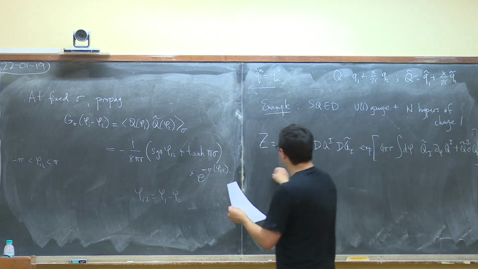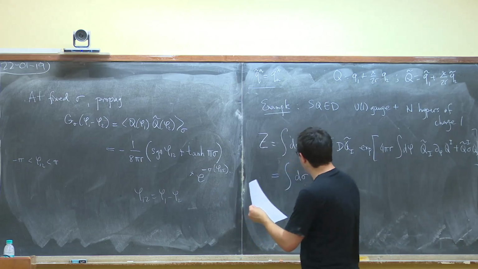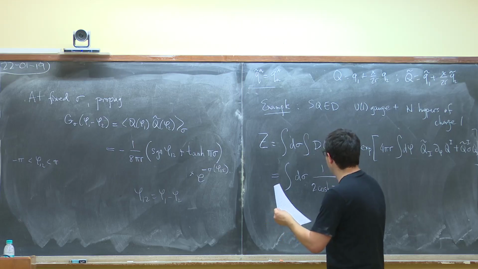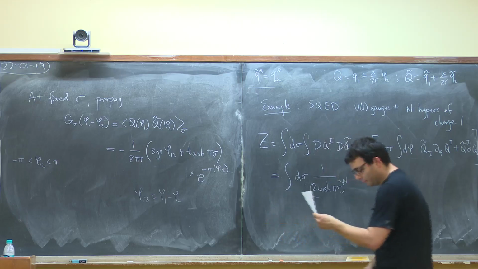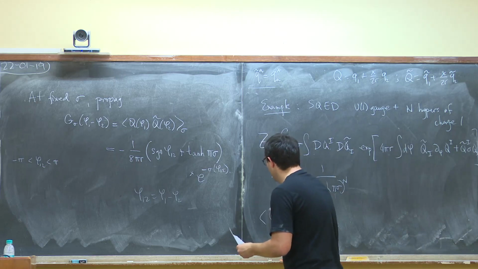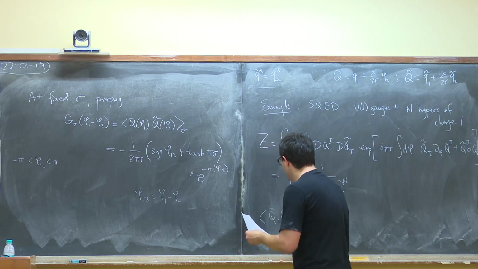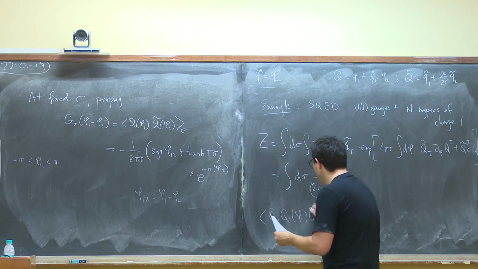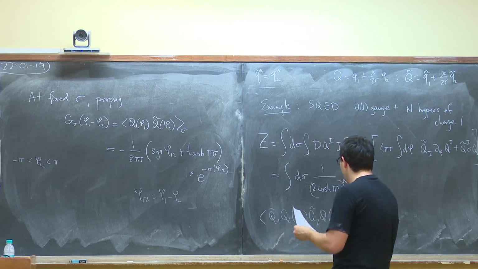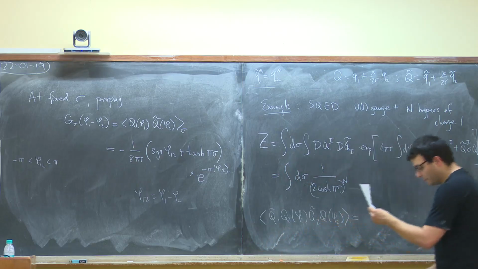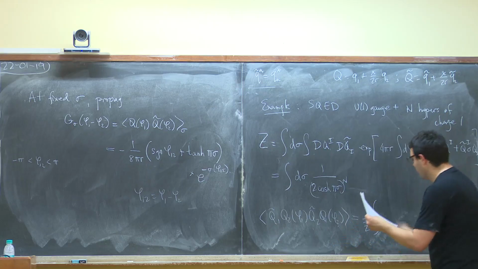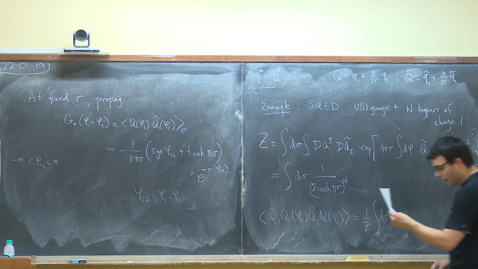If we want to do this integral, we get 1 over (2 cosh pi sigma) to the power n. If we want to compute, for instance, q tilde_1 q_2 at phi 1 and q tilde_2 q_1 at phi 2 as an example, this is 1 over Z if we want normalized correlators. Then we just use Wick contractions at fixed sigma.